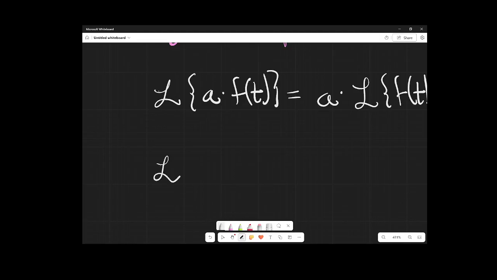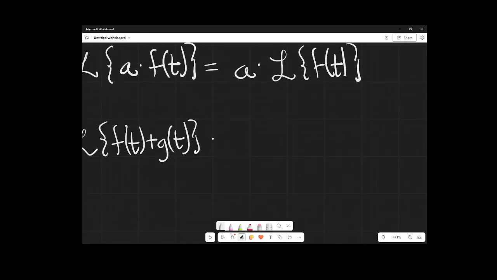Similarly, the Laplace transform of the sum of two functions is the sum of the Laplace transform of the two functions.